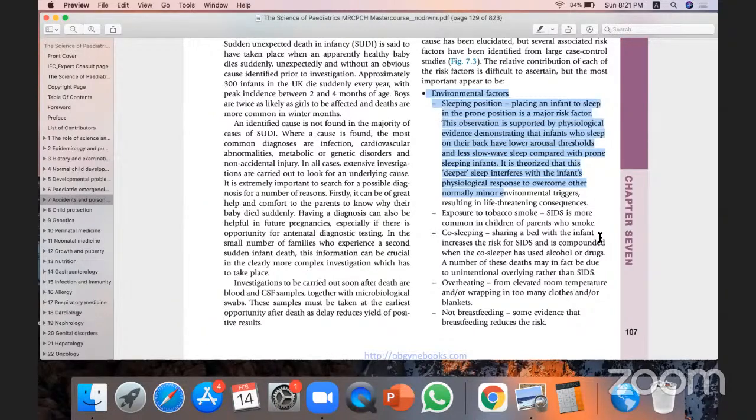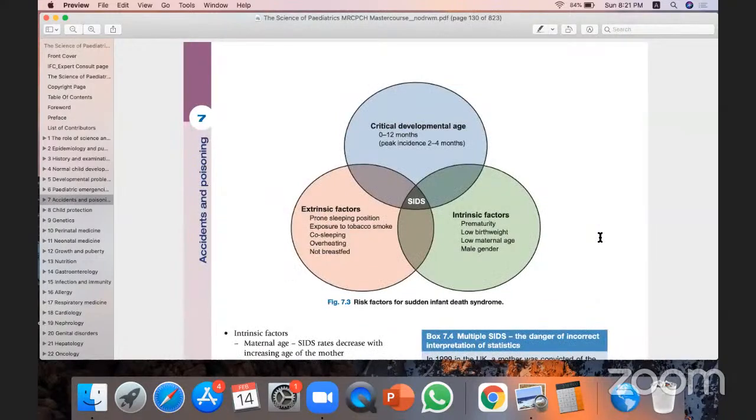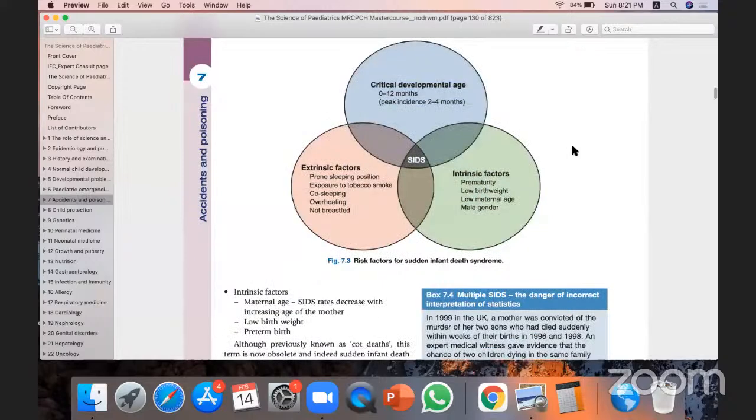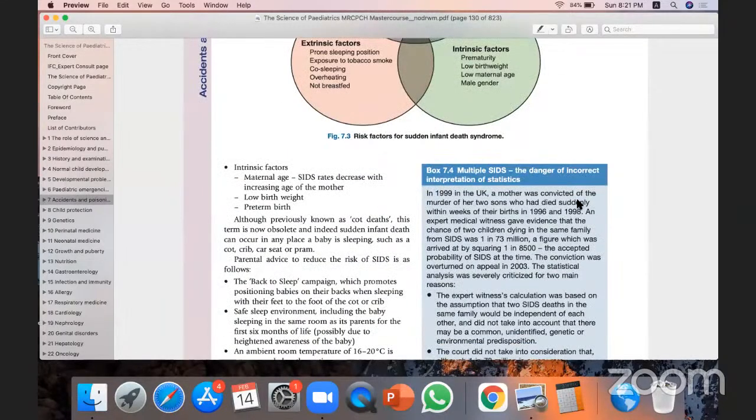Okay, and breastfeeding reduces sudden infant death. So this is the picture we already saw in our FOP cases book, right? There are some external factors, internal factors, and developmental age. When these three criteria are met together, this usually contributes to sudden infant death syndrome.